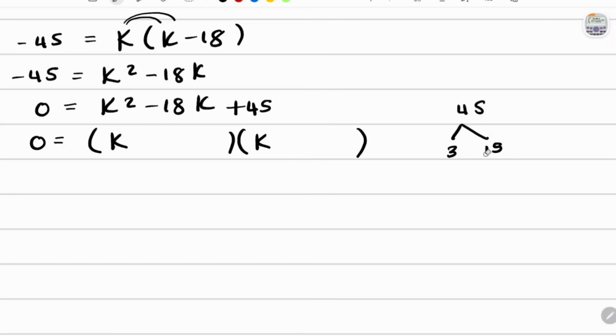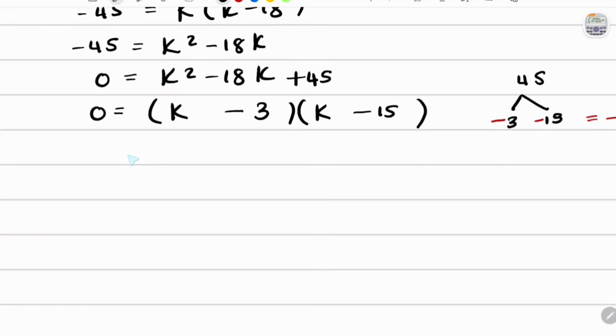Well, if they're both positive, when you add them, they can never give you a negative. So because only the middle is negative, it means they need to be both negative. Okay, so negative 3 minus 15 gives you negative 18. But negative 3 multiplied by negative 15 gives you positive 45. So that's how we know those are our factors. It's minus 3 and minus 15.